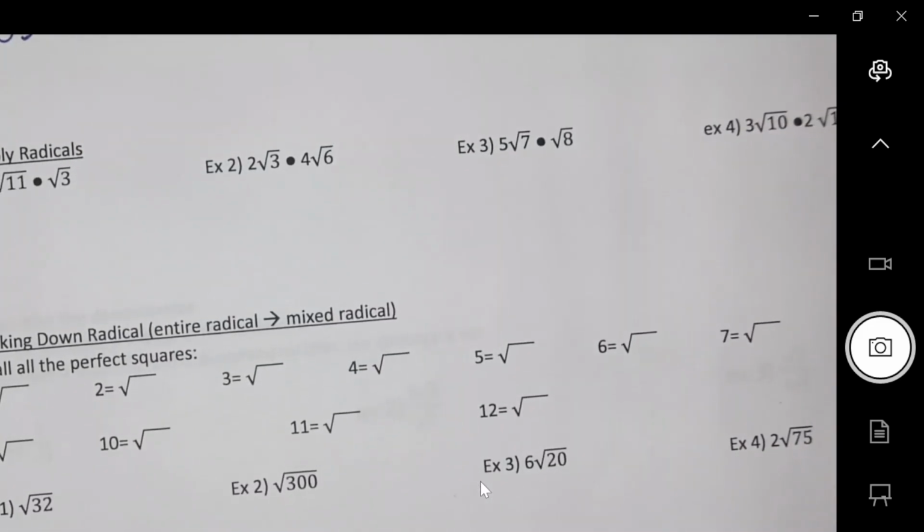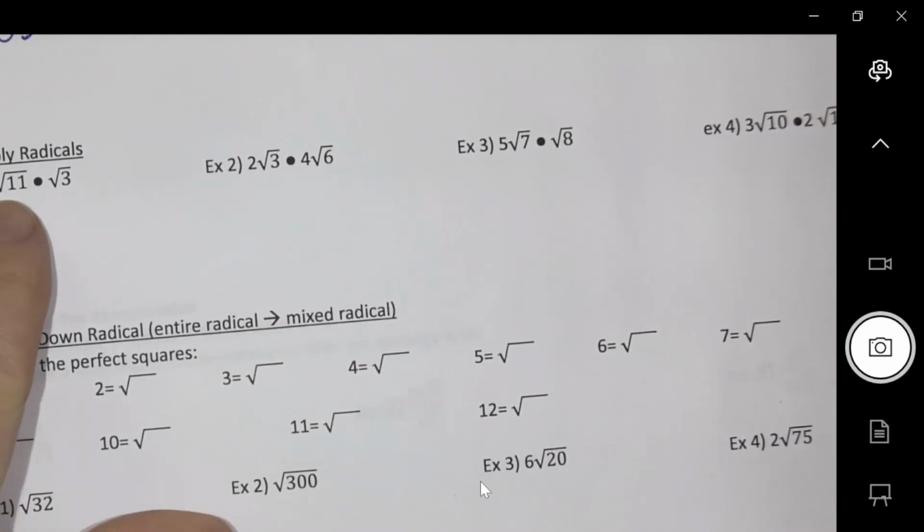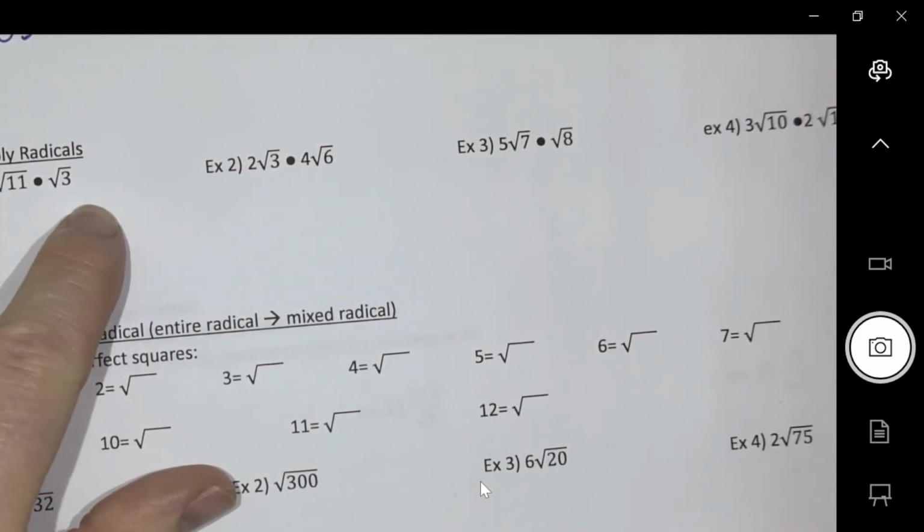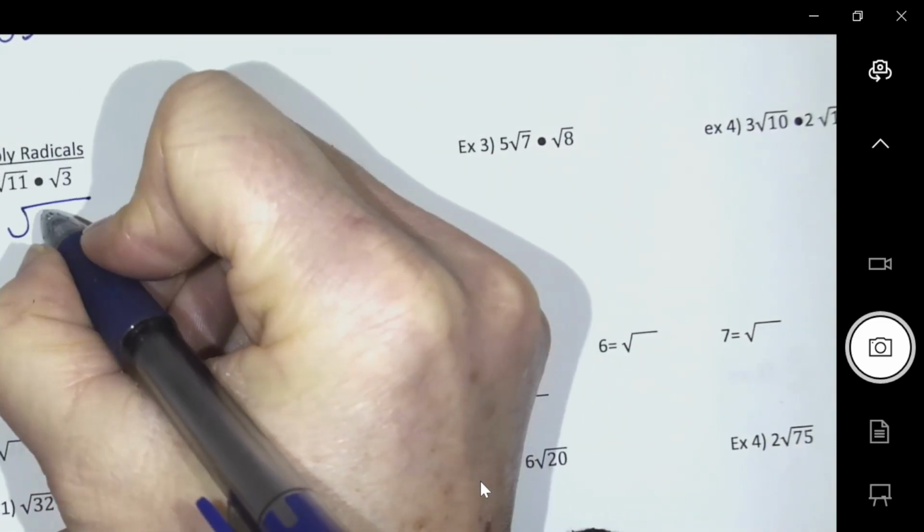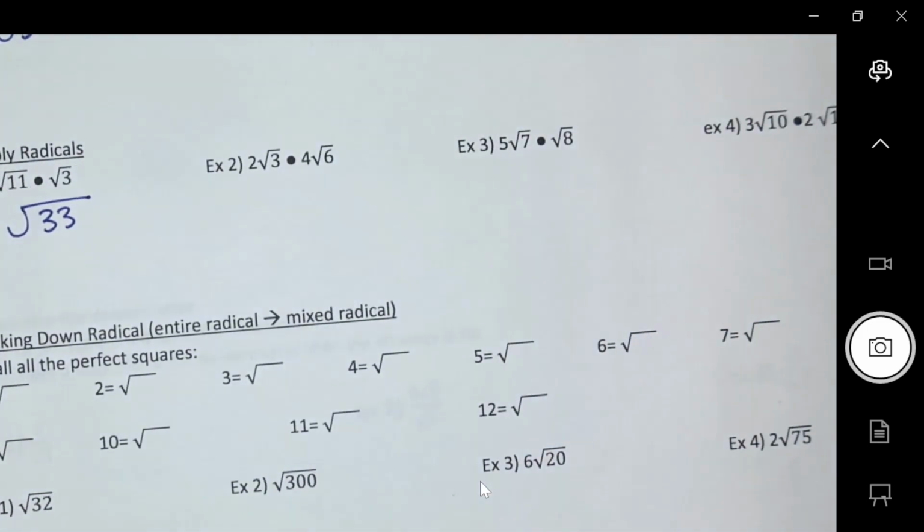Okay. Multiplying radicals. You have coefficient parts and radical parts. You can multiply coefficients with coefficients. You can multiply radicals with radicals. So root 11 times root 3 makes root 33.